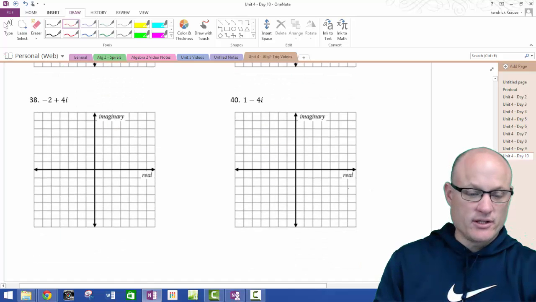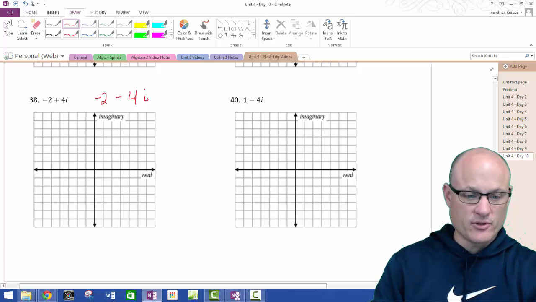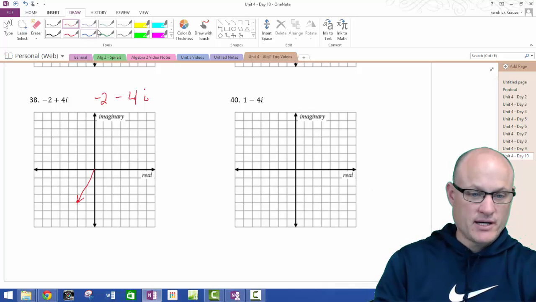Finally, 2 more to go on this one. So this one is going to be, the conjugate is negative 2 minus 4i. I'll do that one first. Negative 2 minus 4i. Draw in the vector. I'll come back to this one's conjugate, or do the original, which is negative 2 plus 4i.